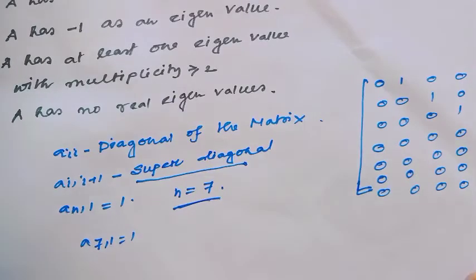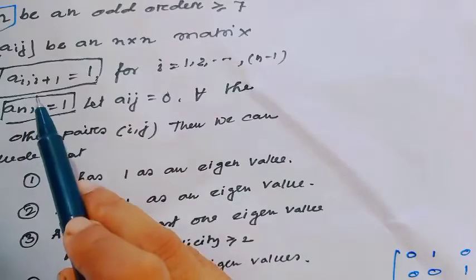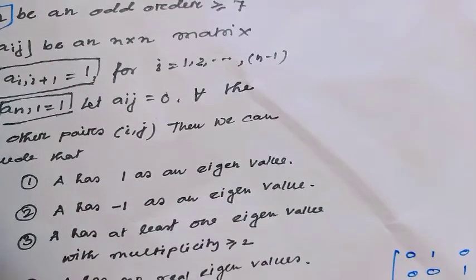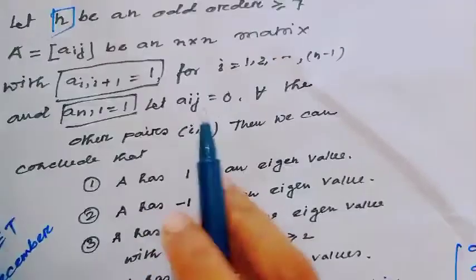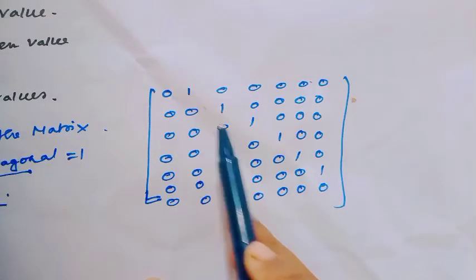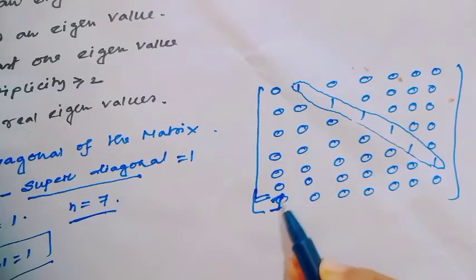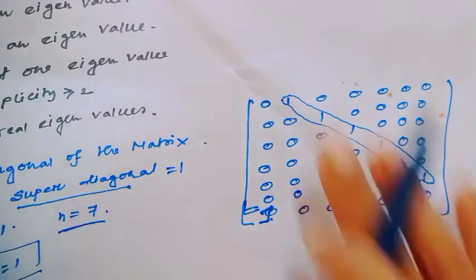Since a(i, i+1) equal to 1, the super diagonal of the matrix would be 1. So the form of the matrix would be of this type, with a(7, 1) equal to 1. This is the notation of the matrix.